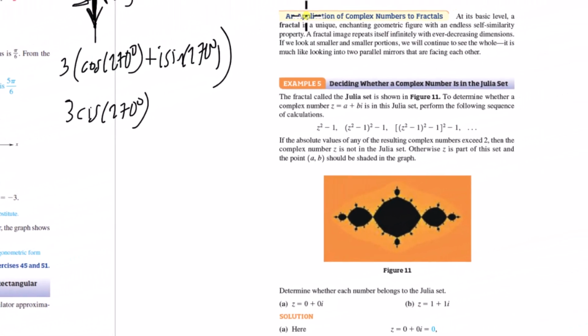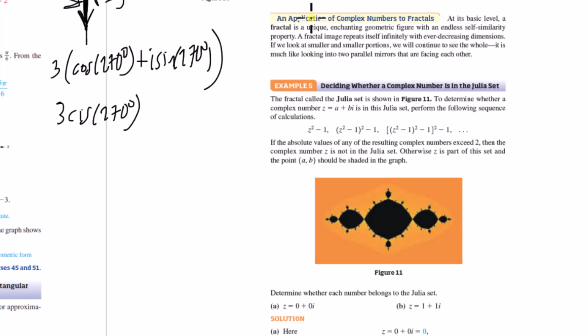Now, the last thing we want to talk about in this section is an application of complex numbers to fractals. The opening image of the chapter talked about fractals. At its basic level, a fractal is a unique, enchanting geometric figure with an endless self-similarity property. A fractal image repeats itself infinitely with ever-increasing dimensions.